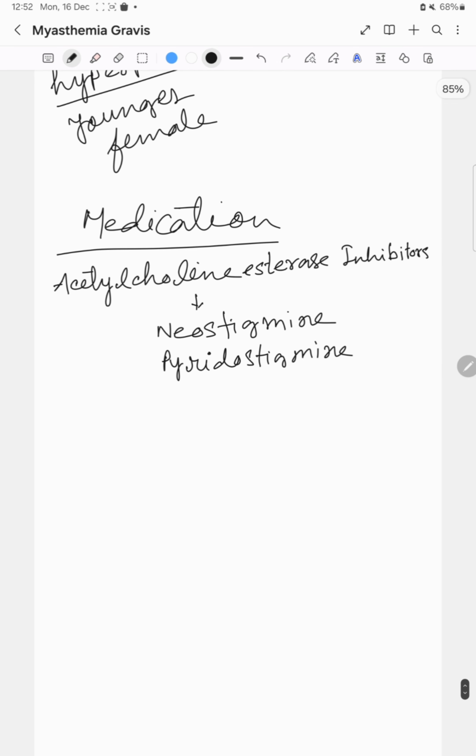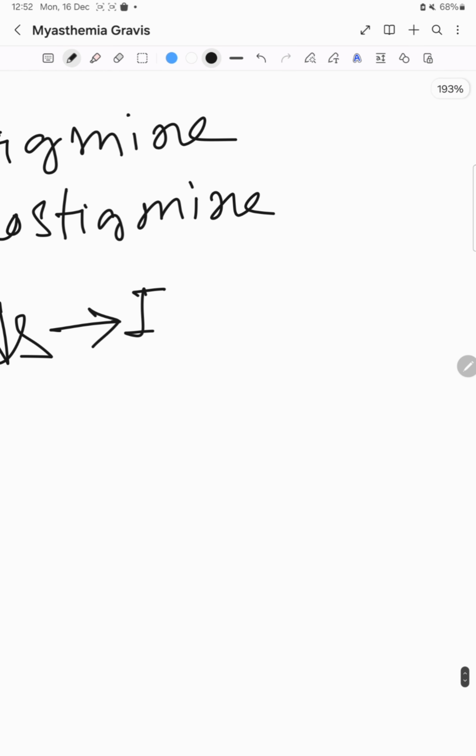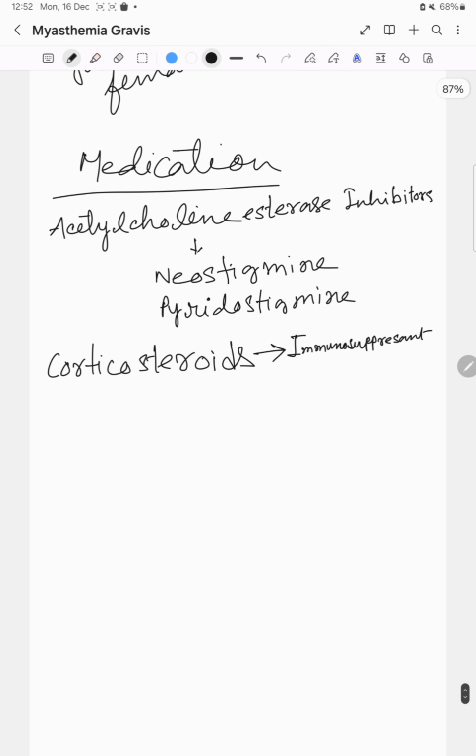Next treatment is corticosteroids. Corticosteroids are used as immunosuppressants, that suppress the autoantibody production, which is very important. And then we do plasmapheresis or intravenous immunoglobulin.